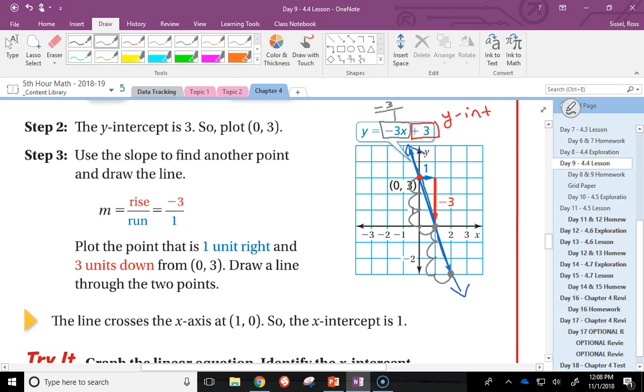The other part of the question was, where is the x-intercept? Well, remember, this is my x-axis. Where did our line cross our x-axis? It crossed it right here. So where is that? What's that coordinate point?